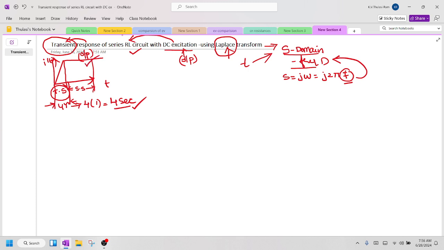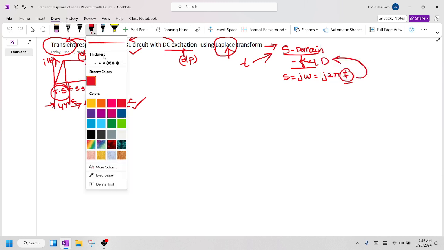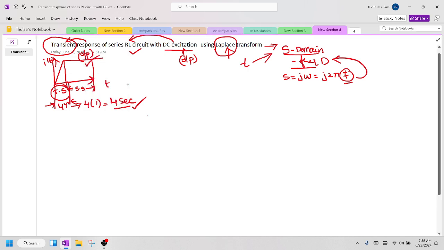Let's try to draw the circuit diagram for this. Here you are going to have a DC excitation.